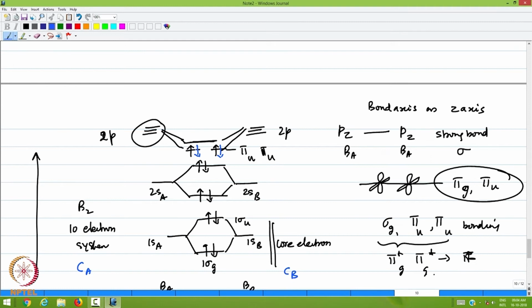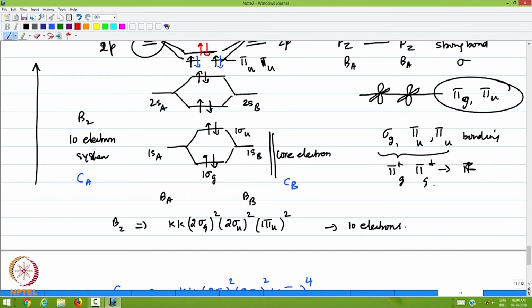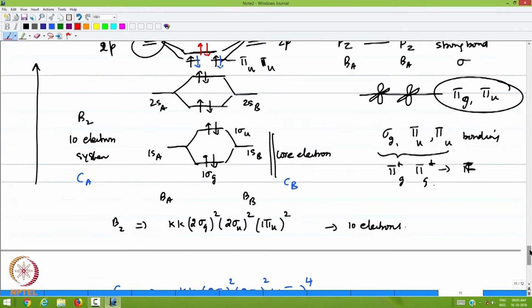Nitrogen, yes, immediately you can see that there are 2 more electrons for the nitrogen compared to the carbon C2 dimer. Therefore, the 2 electrons occupy the sigma g orbital, and the designation for this, since we already have used 1 sigma g here and we have used the 2 sigma g here, this is 2 sigma g, 2 sigma u, and then this is 3.